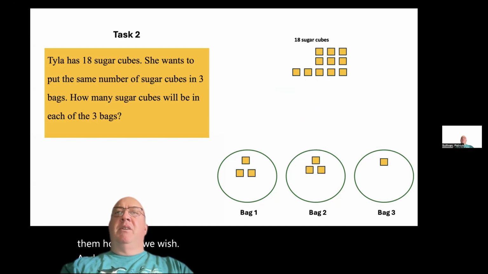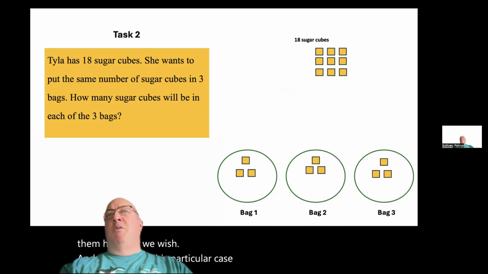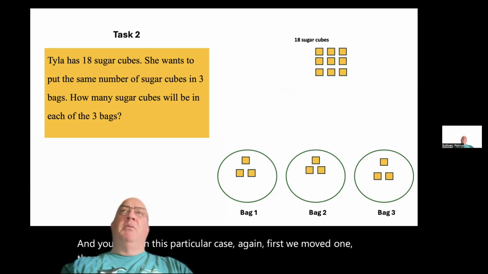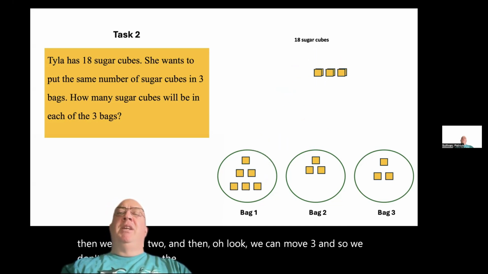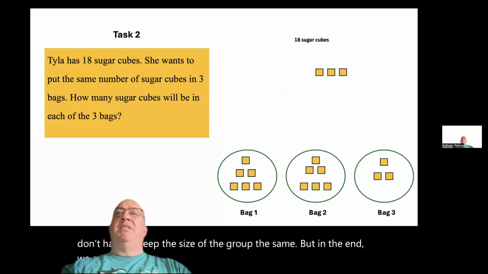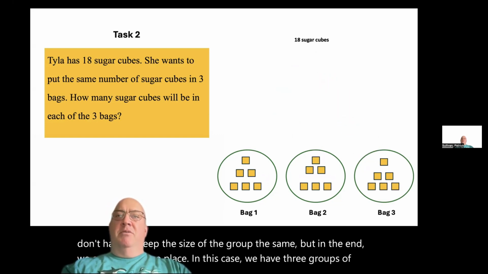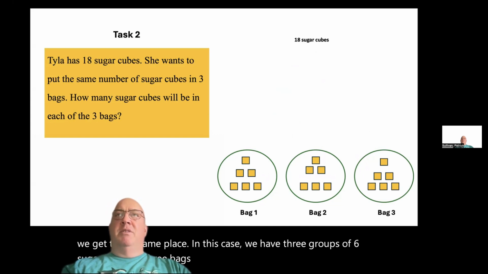And you'll see in this particular case, first we moved one, and we moved two, and then, oh look, we can move three. So we don't have to keep the size of the group the same, but in the end, we get to the same place. In this case, we have three groups of six sugar cubes, or three bags of six sugar cubes.